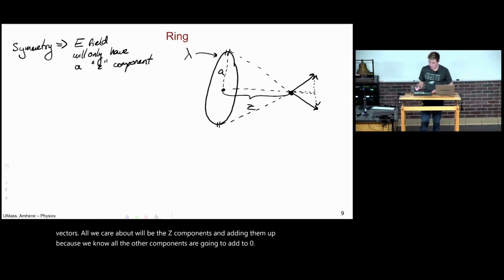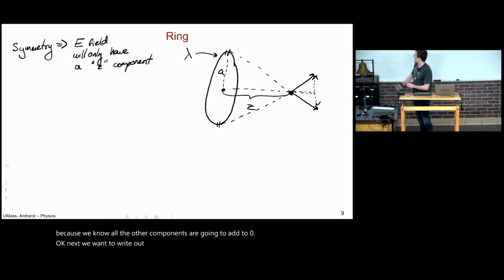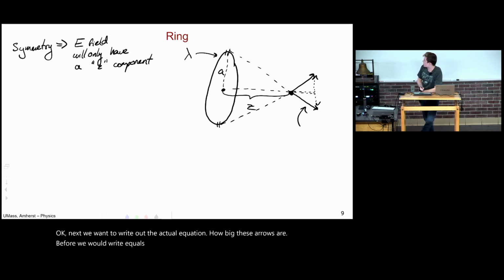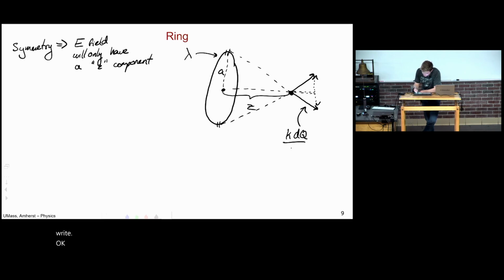Next, we want to write out the actual equation for how big these arrows are. Before we would write E equals kQ over separation squared. Now we're going to write k dq over separation squared. And again, r here is not the radius of the ring.